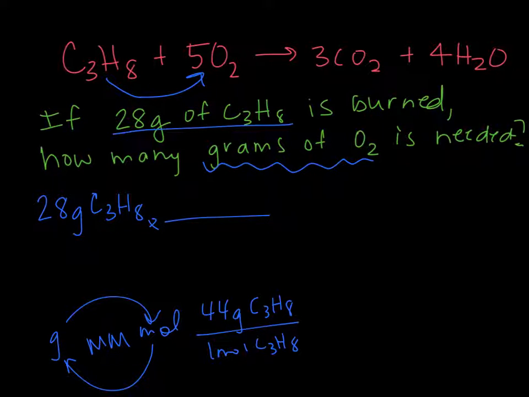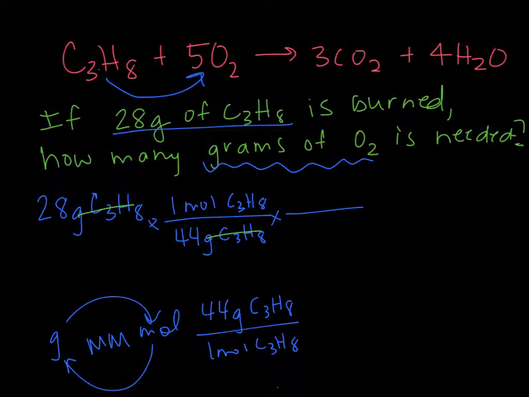So I'm going to put the 44 grams of C3H8 in the bottom, and 1 mole of C3H8 in the top, because I want grams to cancel out. So now that I've got moles of C3H8, I can use that mole-to-mole ratio. So in the reaction, 1 mole of C3H8 reacts with 5 moles of O2.